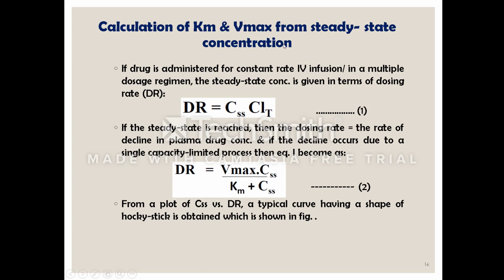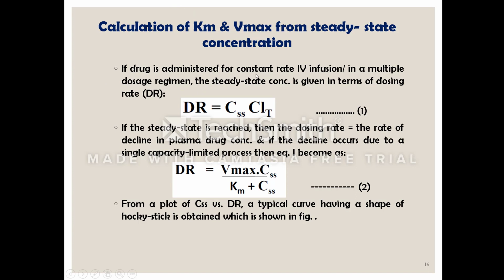Okay, so what is this steady state concentration? That is when the rate of input of drug is equal to the rate of elimination. So if you have steady state concentration data, you can also calculate Km and Vmax from them.